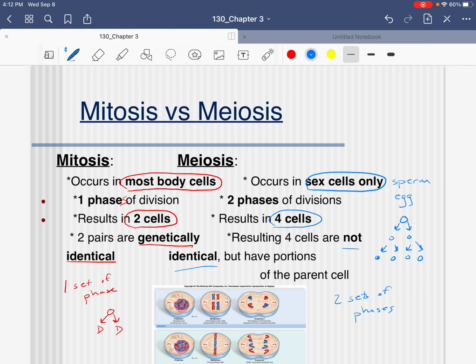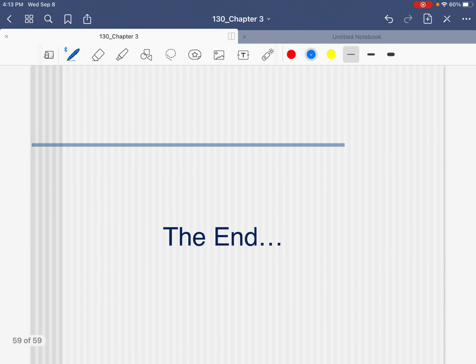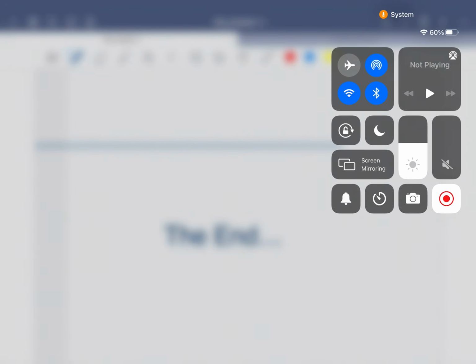But the resulting 4 cells are not identical. Think about a mother having 4 kids. The kids may share some things, but they're not identical. So look, I'm trying to show some differences. This first one is a half circle filled in. The second one is a full circle filled in. The third one is a triangle. The fourth one is a square. That's all you need to know.